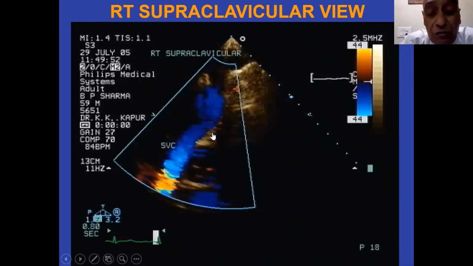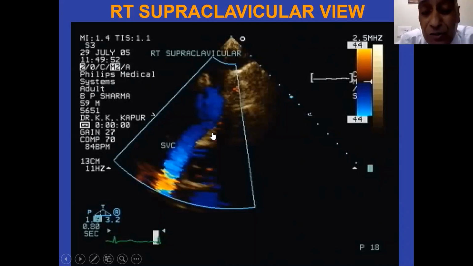Similarly, if you're getting a mitral regurgitation, significant MR, again you should try to image the LA appendage. Now the LA appendage can be imaged either from the short axis view or from the apical two-chamber view. So if you're getting a good quality image of the left atrium, you are sure that the left atrium is free.